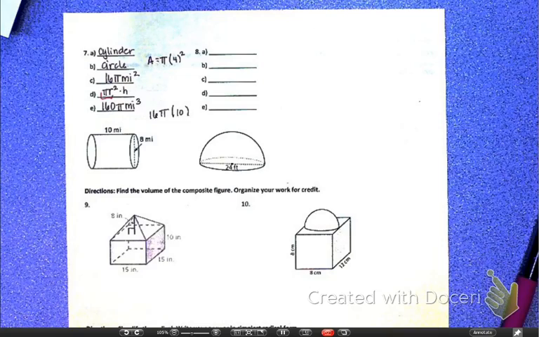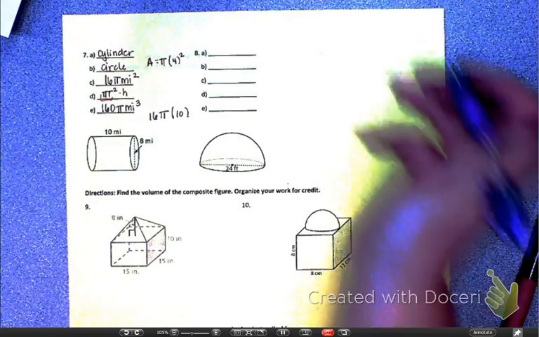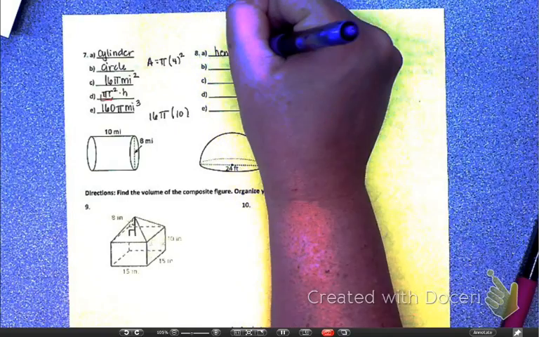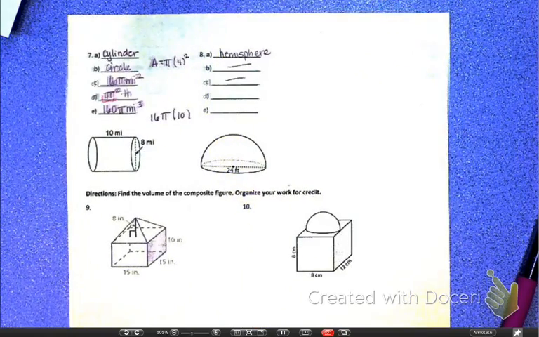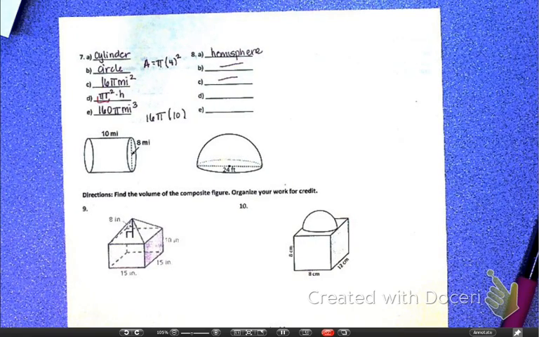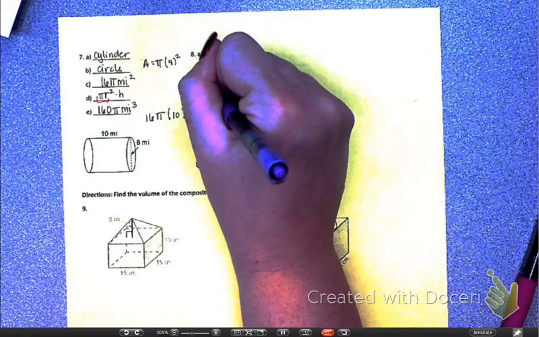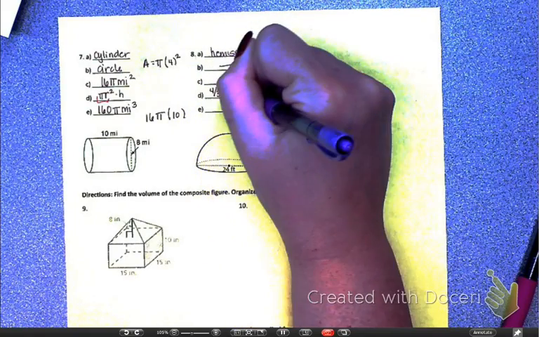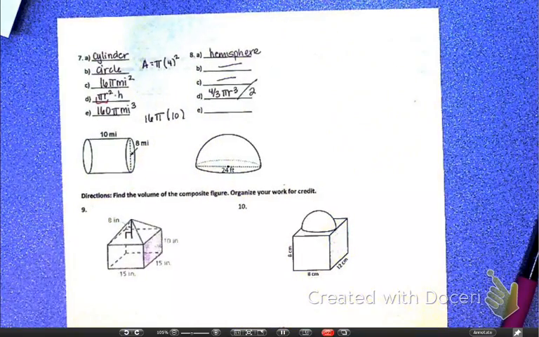What is the solid for number 8? Hemisphere. A hemisphere. Again, it doesn't have a base, so you can skip B and C. What is the formula for a hemisphere? 4/3 pi r cubed, and then all of that is going to be divided by 2. If we do 1/2 times 4/3 pi r cubed, does that matter?